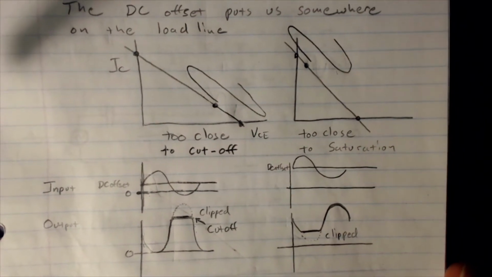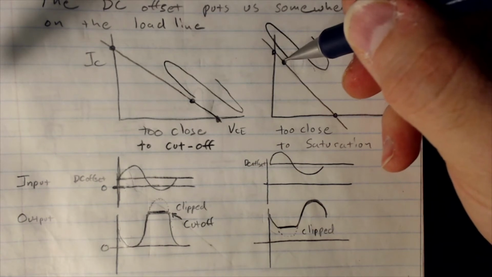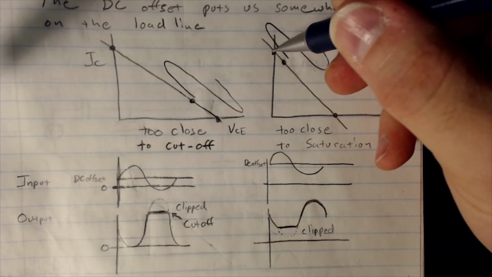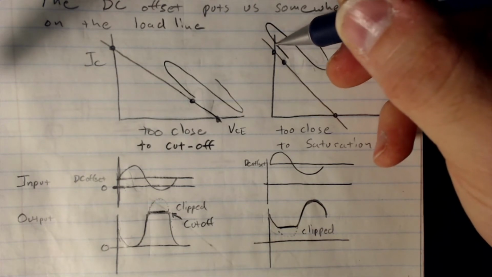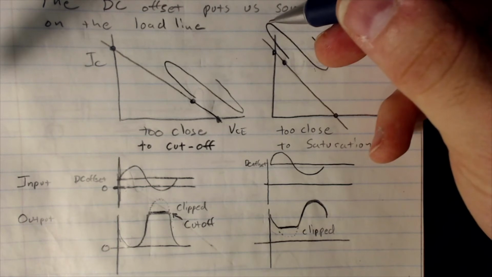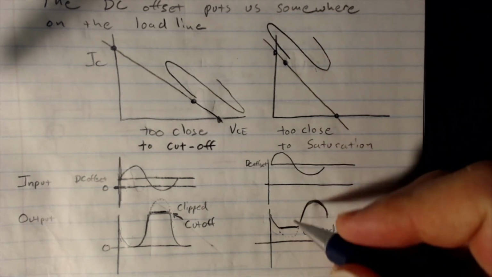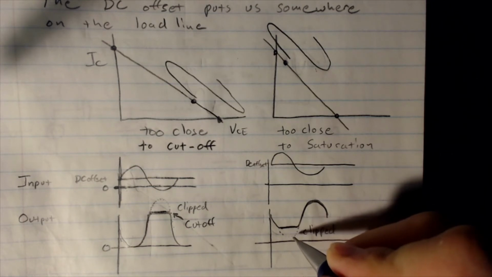And similarly, in the other direction, we also have another problem. If our Q point is too close to saturation, then we don't have enough room in this direction for our input signal. So we end up clipping here at the bottom.